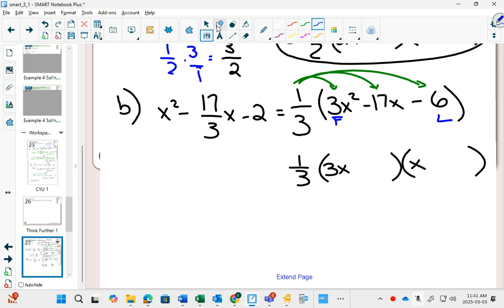We have multiple options: 1 and 6, 6 and 1, 2 and 3, 3 and 2. We need to get 17. So start mental math checking quickly.